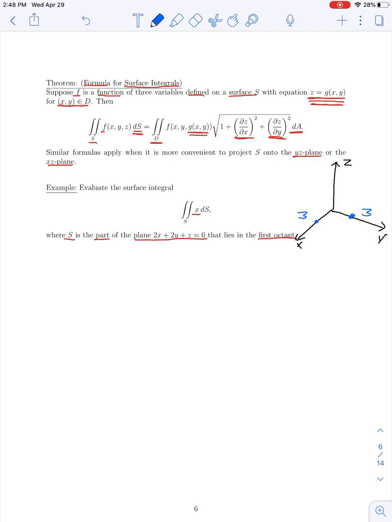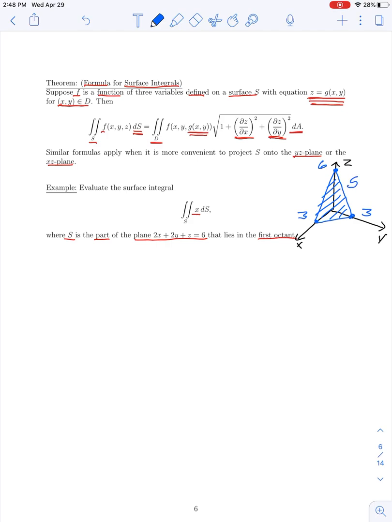And then to find our z-intercept, we set x and y equal to 0 in the equation of that plane, and we find that z would be 6. So the surface of interest is this part of the plane that lies in the first octant. So we're integrating over this little triangular surface here. We'll call that surface S.